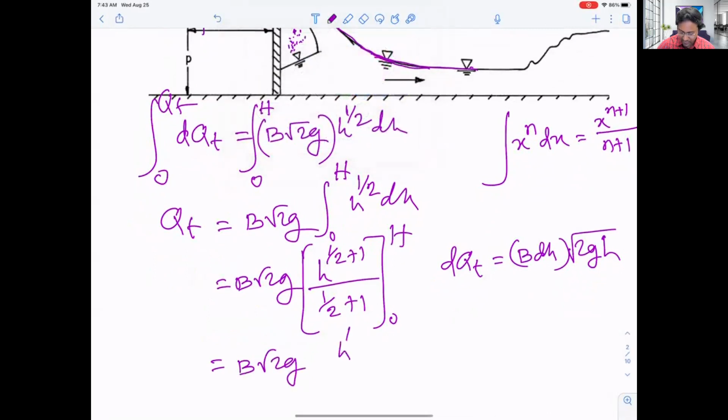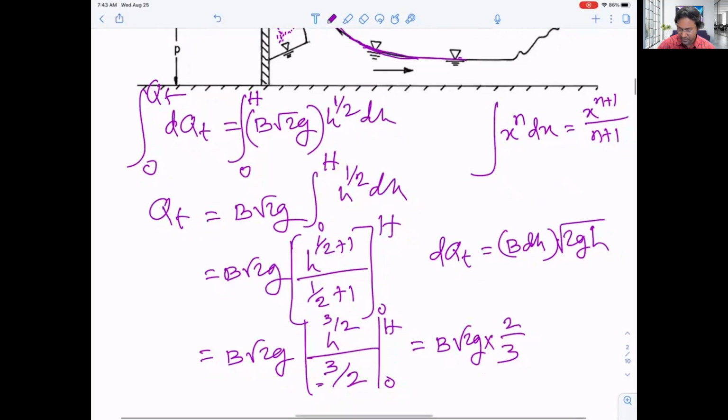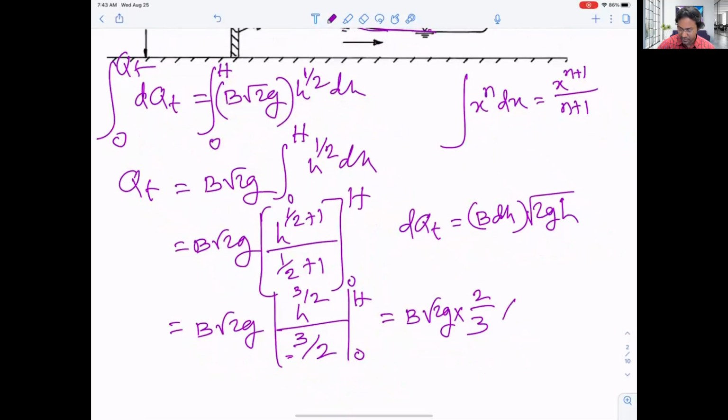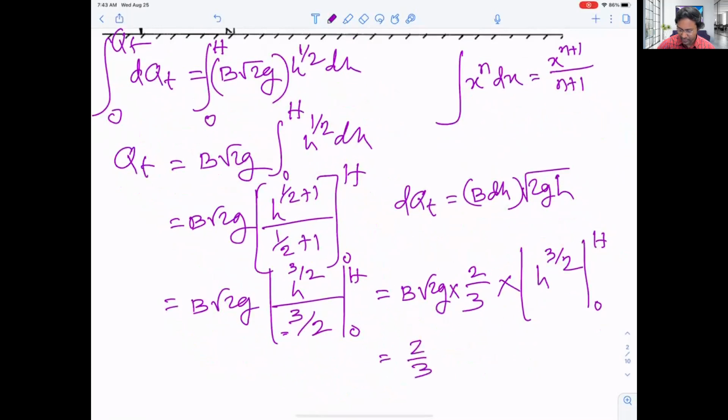H to the power 3 divided by 2, divided by 3 divided by 2, and we still have the limit 0 to H. Since it is a division by 3 by 2, it will be reversed, so we get 2 by 3, and then h to the power 3 by 2 with our limit 0 to H. Now we can apply our limits. We have 2 over 3 and root over 2g, and then we have B.